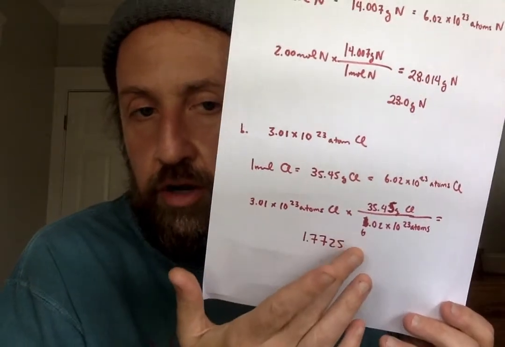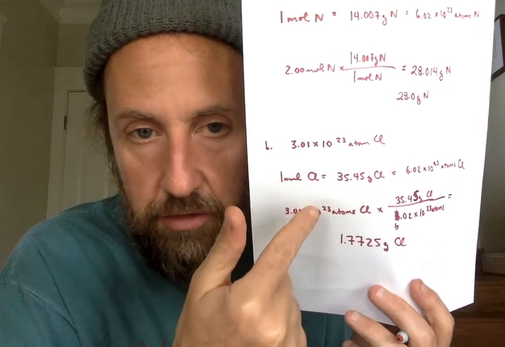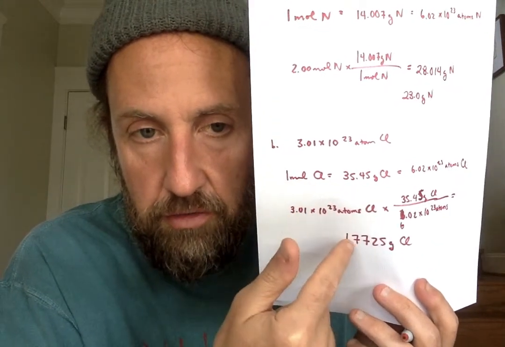But what I should get there is 1.77. Well, my calculator spits out 1.7725, and that's going to be grams of chlorine because I've done my setup correctly. I had 3 sig figs right there, and so I take the 1, the 7, and the 7.